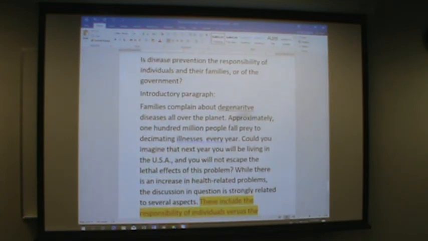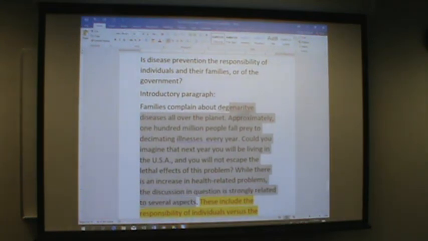Here we go. Families complain about degenerative diseases all over the planet. Approximately 100 million people fall prey to decimating illnesses every year. Can you imagine that next year you will be living in the USA and you will not escape the lethal effects of this problem while there is an increase in health-related problems? The discussion in question is strongly related to several aspects.